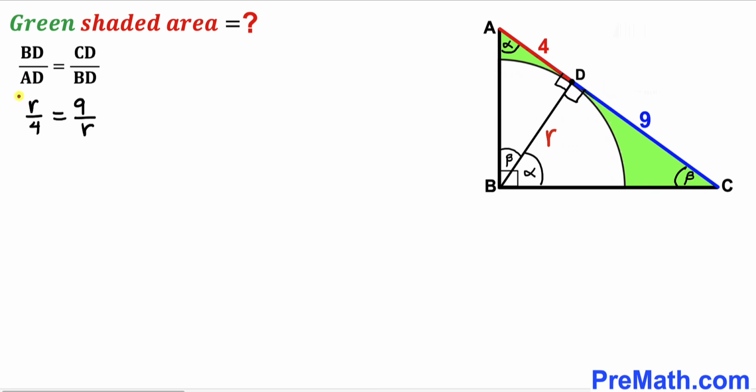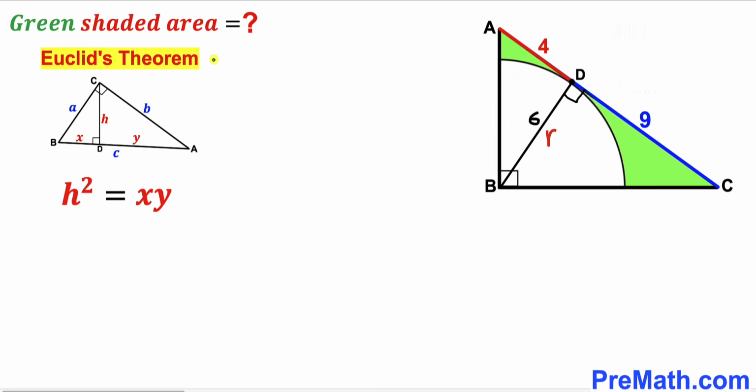Now we are going to cross multiply, so we end up with r squared equal to 36. Now I'm going to undo this square by taking the square root on both sides. Therefore, our radius r turns out to be 6 units.